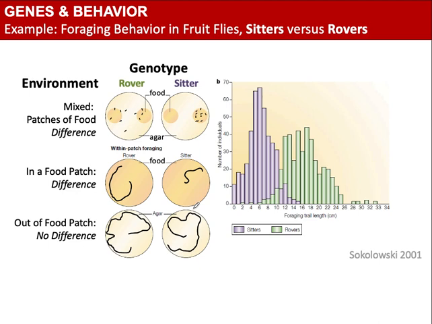That's sort of supported by the fact that this behavioral difference in foraging length between the two types of fruit flies is not observed in the absence of food, right? We only see this difference between rovers and sitters when food is around.